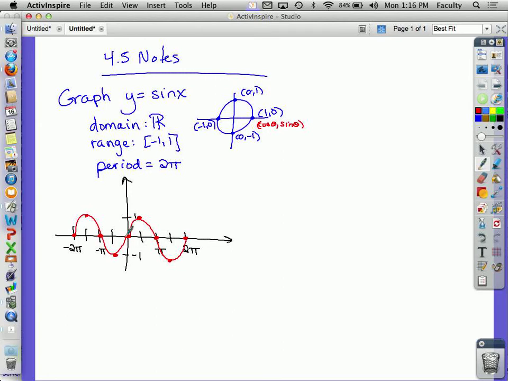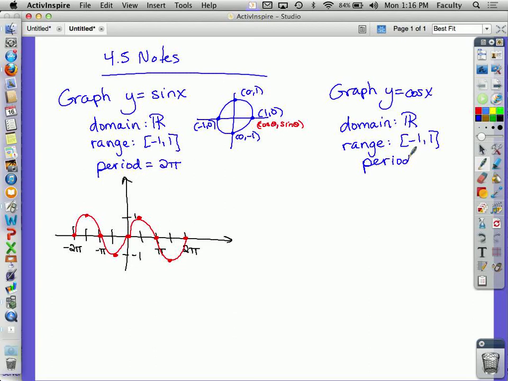Okay, so now, if you want to graph y equals cosine x, we still have the domain is all real numbers. The range is from -1 to 1. The period length is 2 pi. And remember, period length is how long it takes until the graph will repeat the pattern.